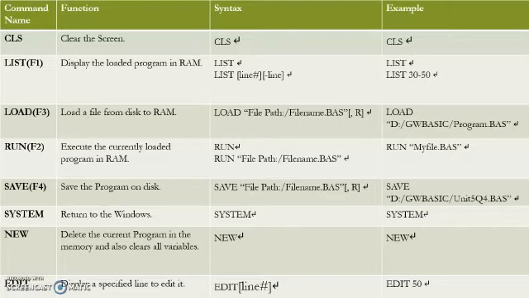Then comes the save command. For this we will type the save command, and we will give the file name and path. With this command we can save the program which we have just typed.